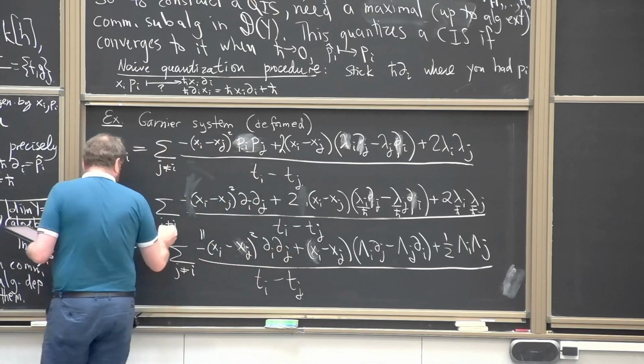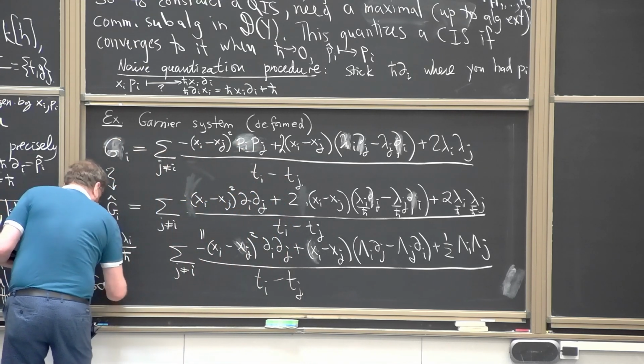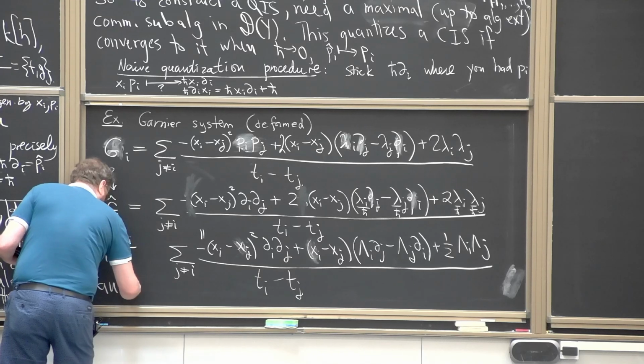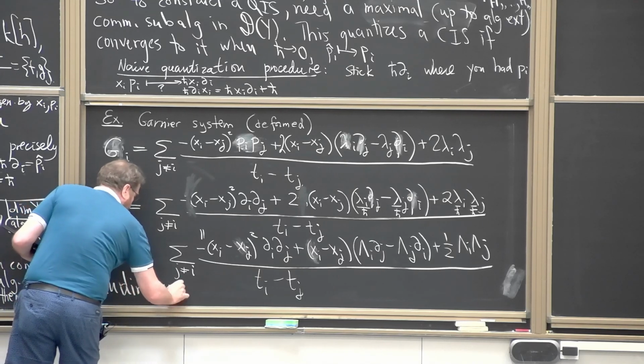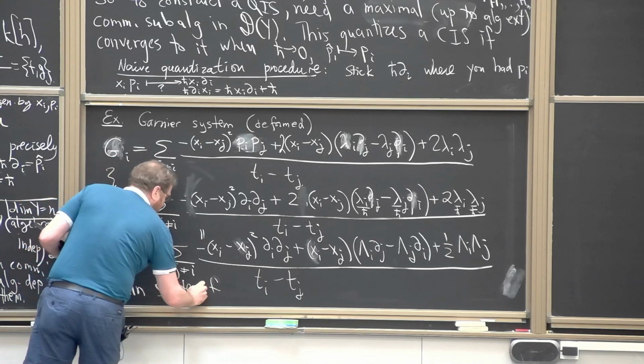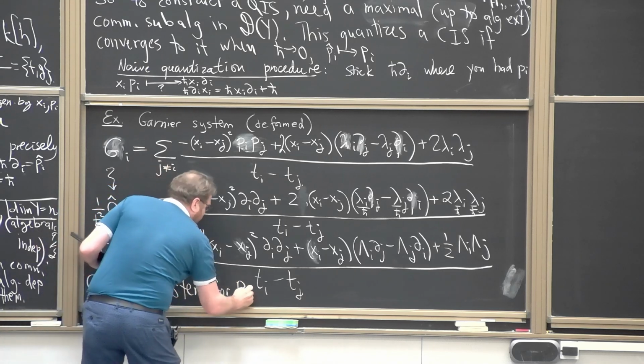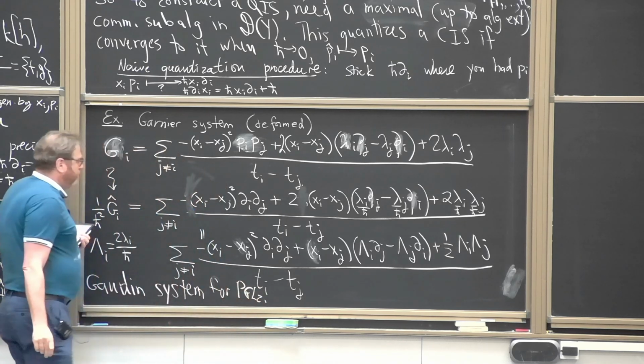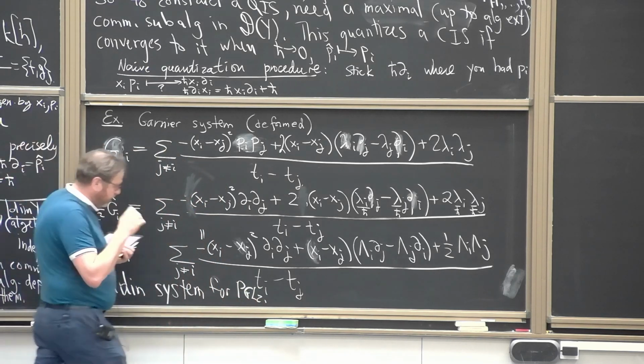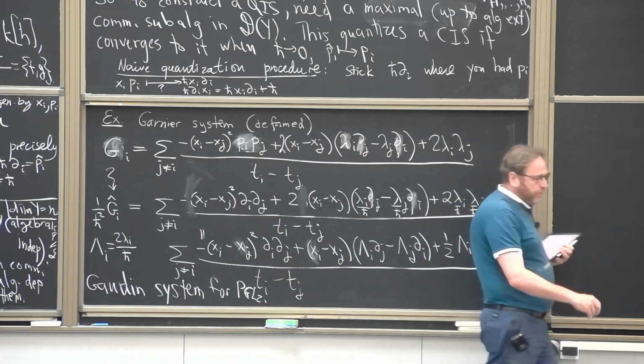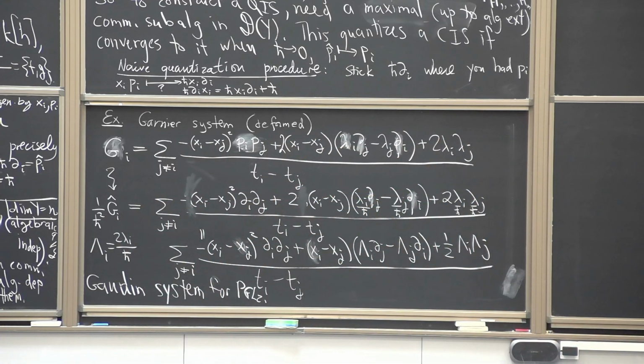And this is the so-called Gaudin system for PGL2.